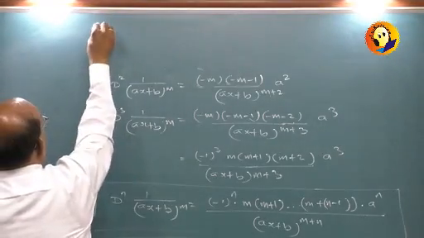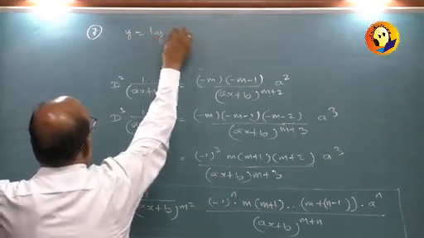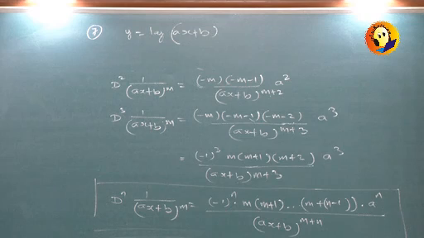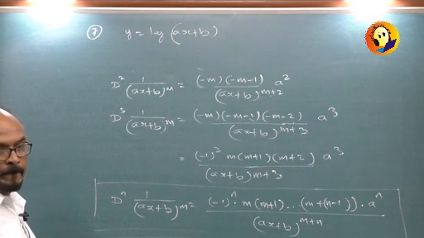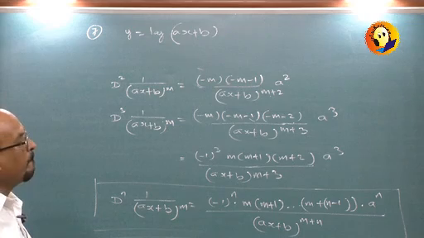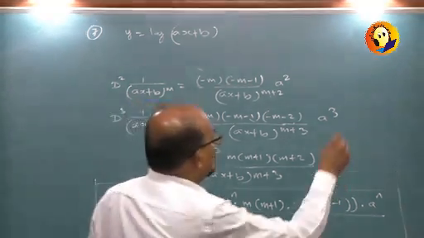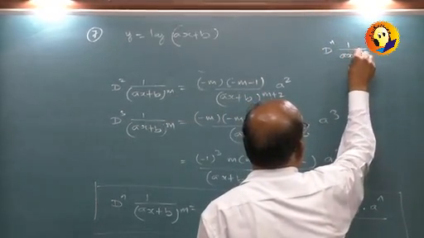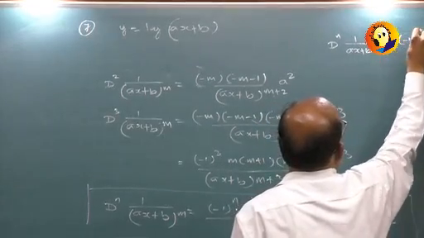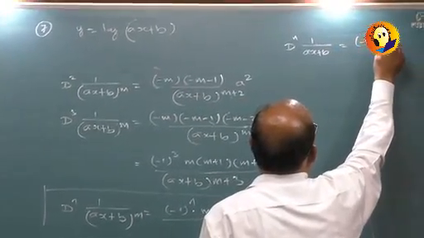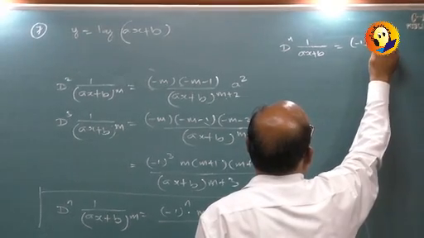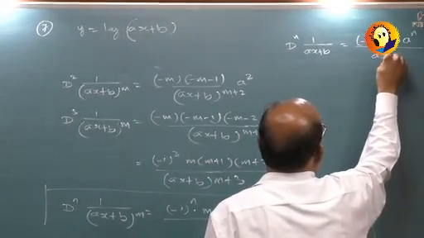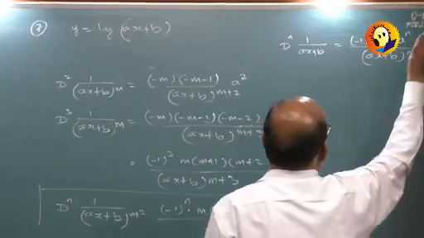Now the seventh, y is log of ax plus b. And just remember that we had the formula as the nth derivative of 1 upon ax plus b was minus 1 raised to n, n factorial, a raised to n upon ax plus b raised to n plus 1.